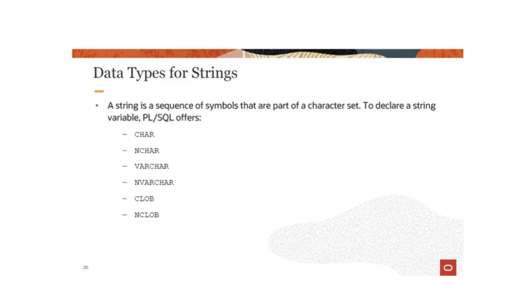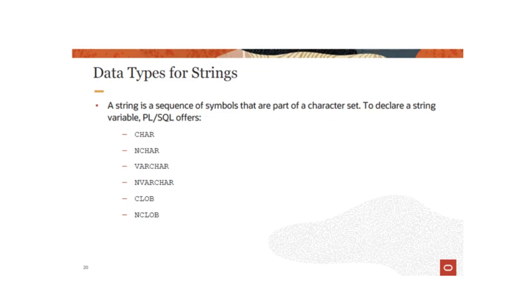VARCHAR2 maximum_length, base type for variable length character data up to 32,767 bytes. There is no default size for VARCHAR2 variables and constants. However, the database will raise a compiler error if the size of the string is not specified.